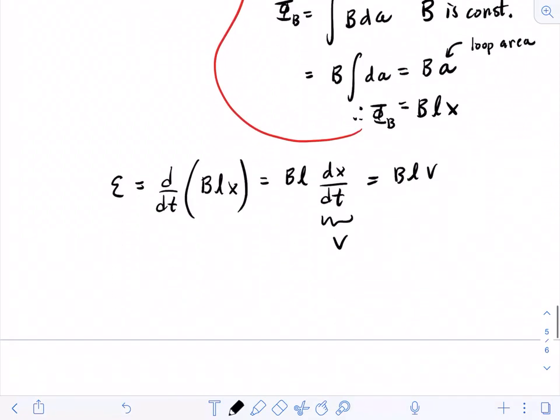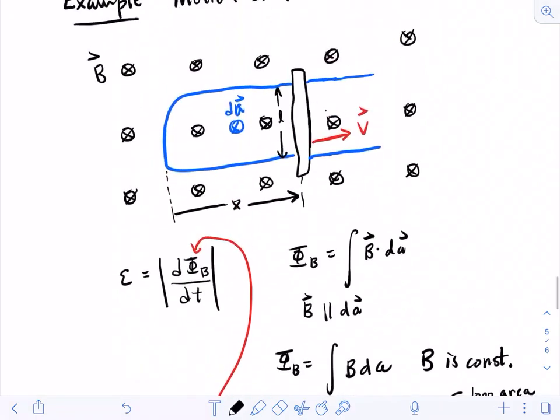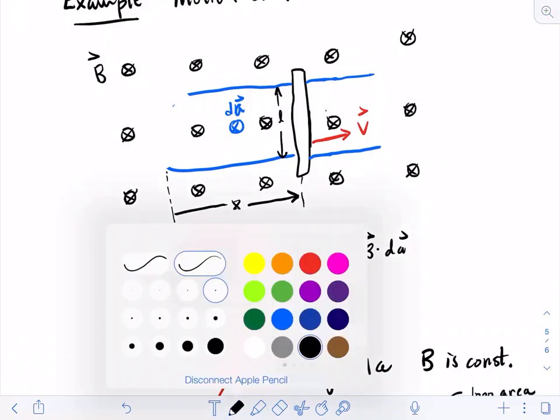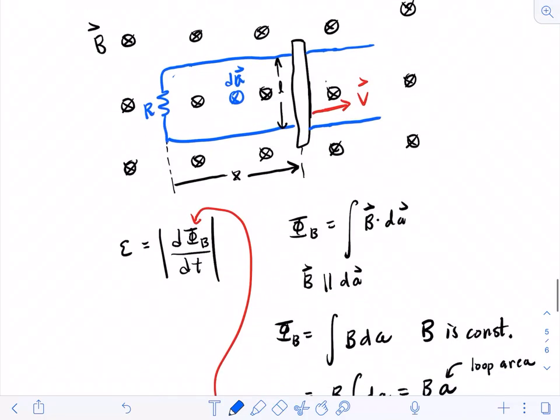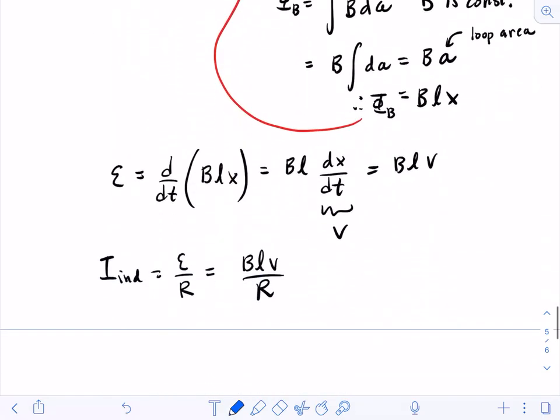And so then the induced current is the EMF divided by the resistance of the loop, and so that's BLV over R. And maybe to be consistent with some previous pictures, we can explicitly put in a resistor R. That R might be a physical resistor, or it might just represent the resistance of a long thin wire or something like that.